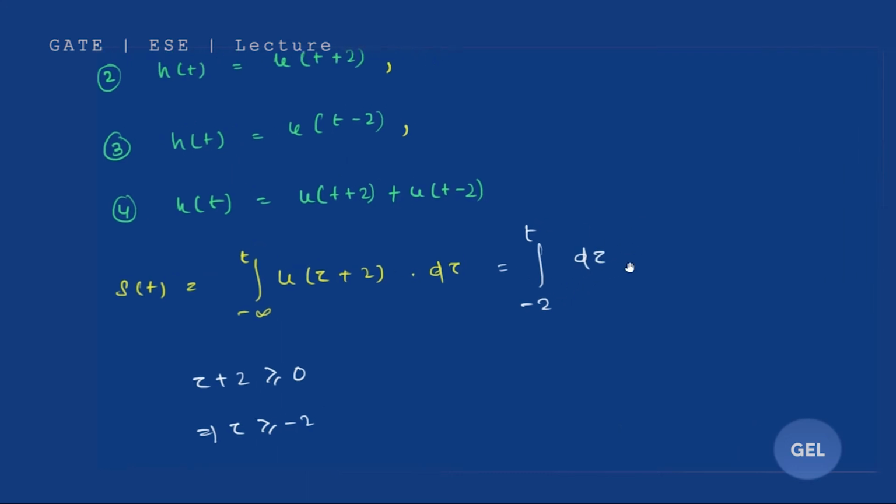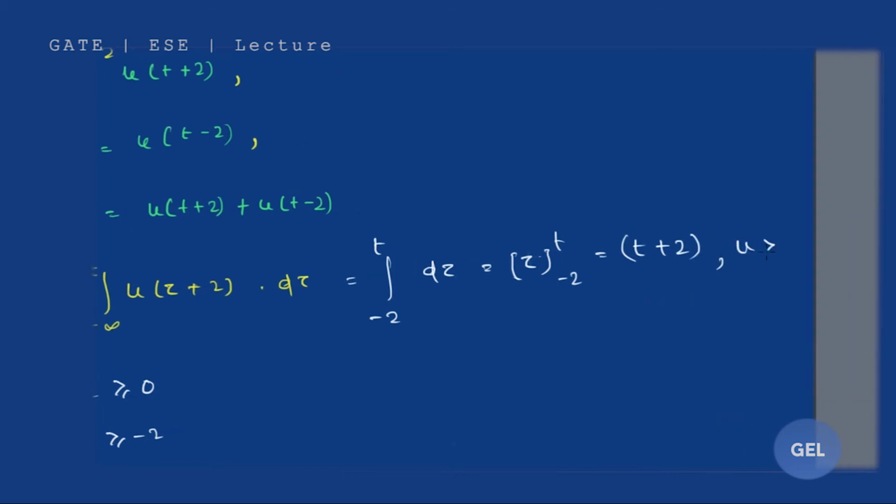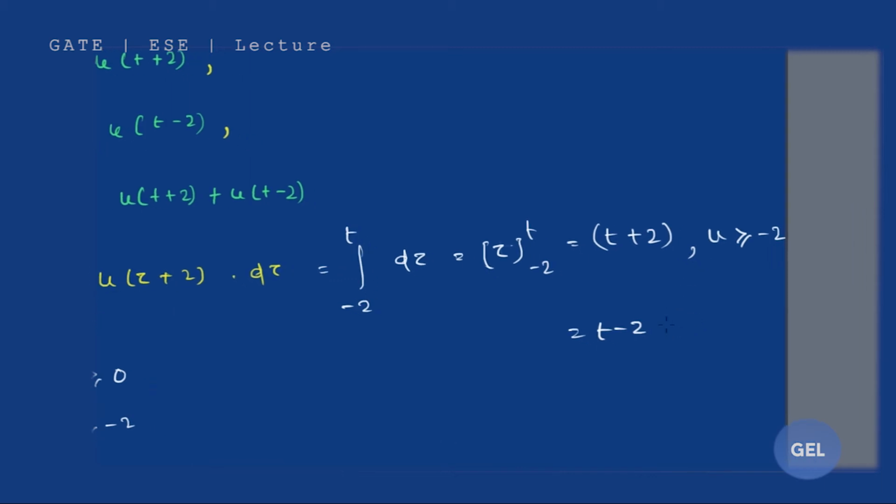So we'll do that. We did that here. So this value will come out to be what? Tau from minus 2 to t. That means t plus 2. So t plus 2 for t greater than or equal to minus 2. Yes or no? So your value will get t plus 2 whole into u of t plus 2.